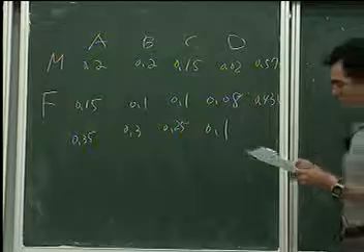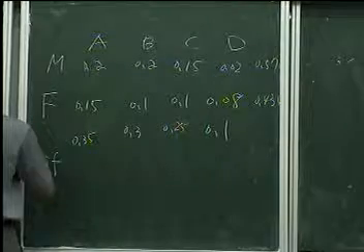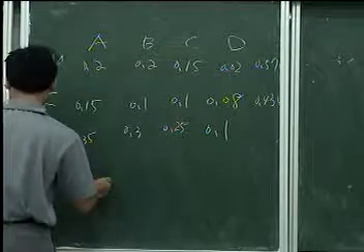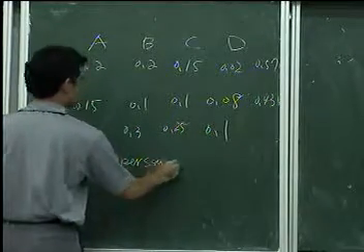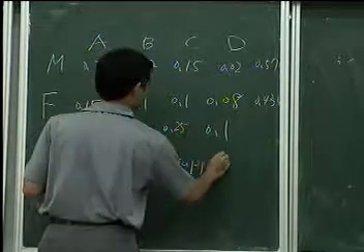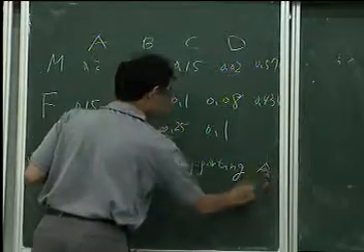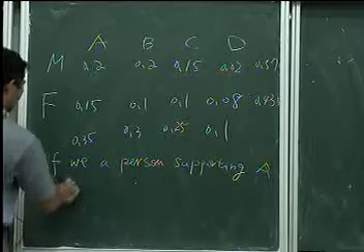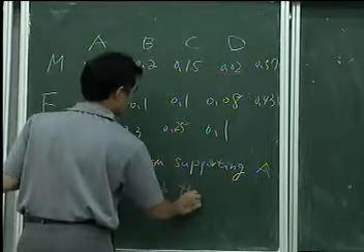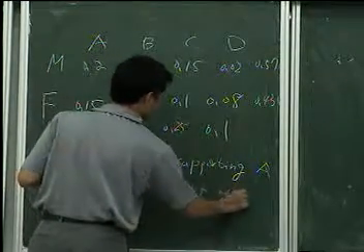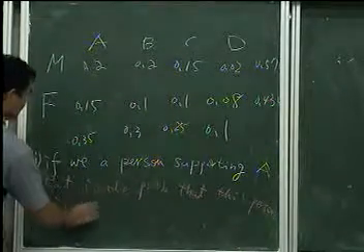So the question is, if we choose a person supporting A, what is the probability that this person is a female?